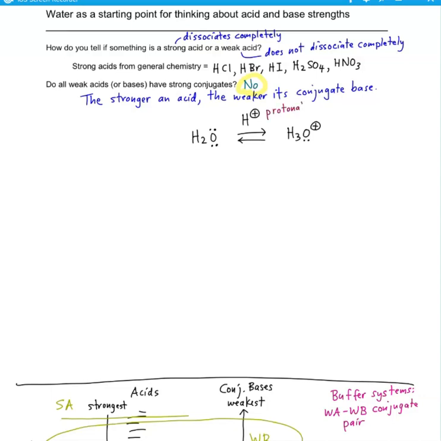So in this direction, we are going to protonate the water. And then we'll draw another equilibrium over here. And over here, what we're going to do is remove a proton from water. That's called deprotonation.